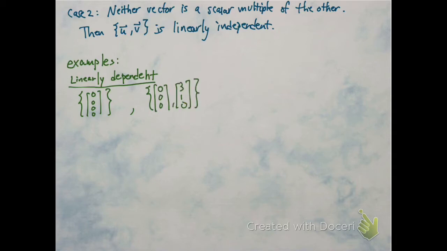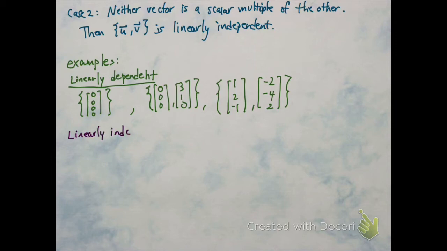If I consider a set with 2 vectors in it, one of which is the 0 vector, that's again linearly dependent. If I have 2 vectors and one is a scalar multiple, so if you notice here, the minus 2, minus 4, 2 is just negative 2 times the first vector, 1, 2, minus 1. So it's linearly dependent.